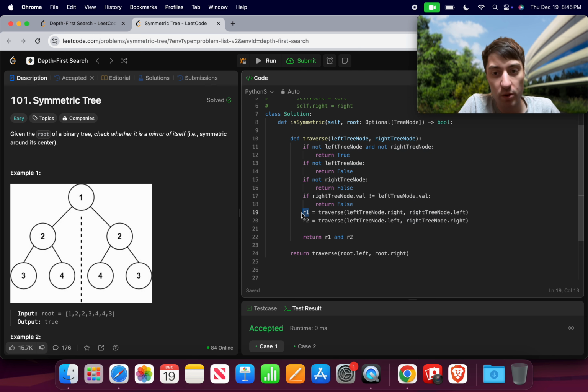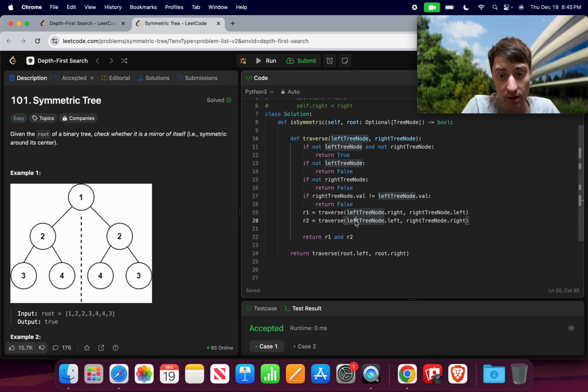So this one would return true because it says that the path along here and here are symmetric. Now I need to check the path along here and here, which is what I'm doing in this call.